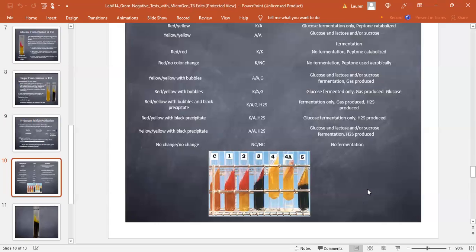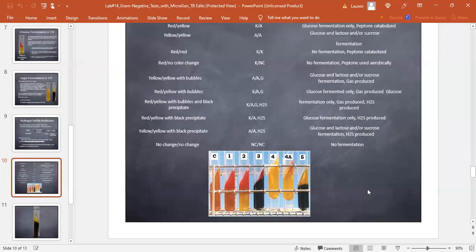Not necessarily, because the butt only has the glucose, and you told me just a second ago that the slant was pink, so it has the peptone. Yes, but what does the black butt specifically tell you? That did have precipitation. It has the H2S production, right?